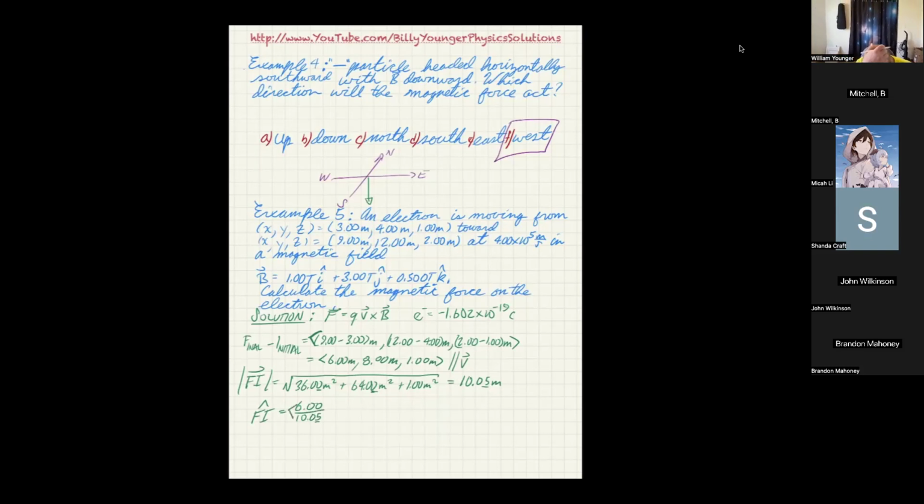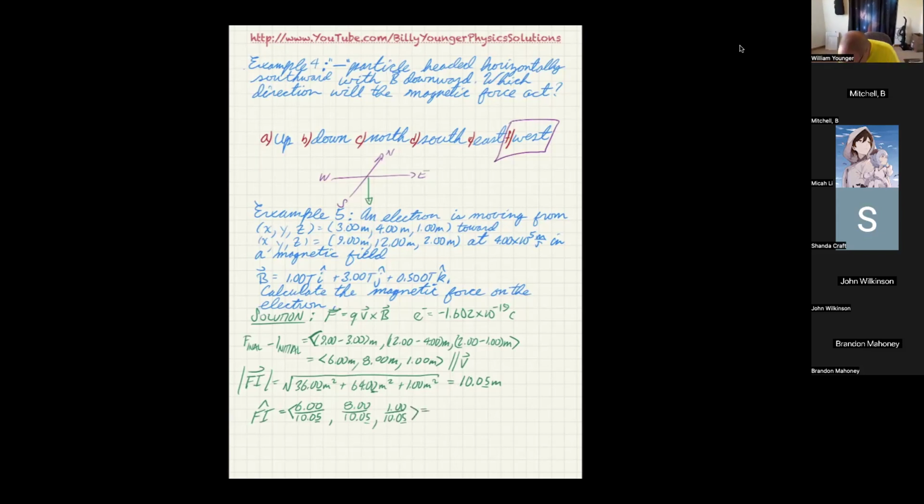And notice, not only is it a unit vector, it's literally a unit vector, because when I divide 6 meters by 10.05 meters, I get no units. So it's literally a unit vector. This one will be 8.00 over 10.05, and this one will be 1.00 over 10.05. Again, 1 extra digit on all that.